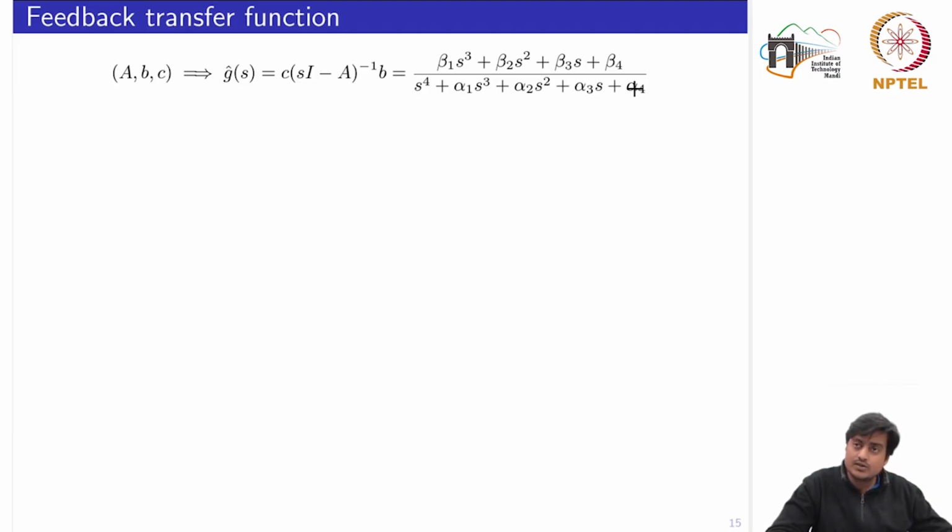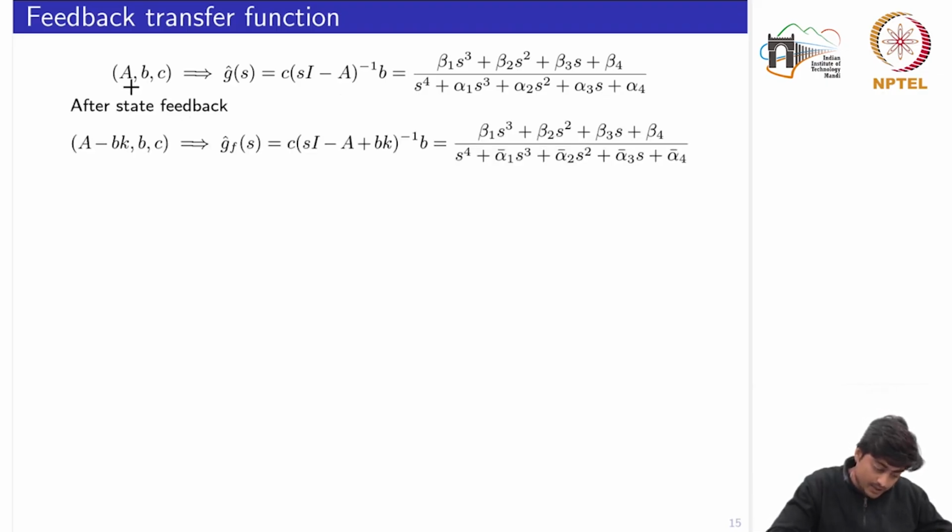This transfer function is already specified in one of the earlier results, where alpha i's are the coefficients of the characteristic polynomial of this plant. Now after the state feedback, this pair would change into another A matrix, but the B and C would remain as they are. So this is the transfer function of the closed loop system, which we can compute by this one.